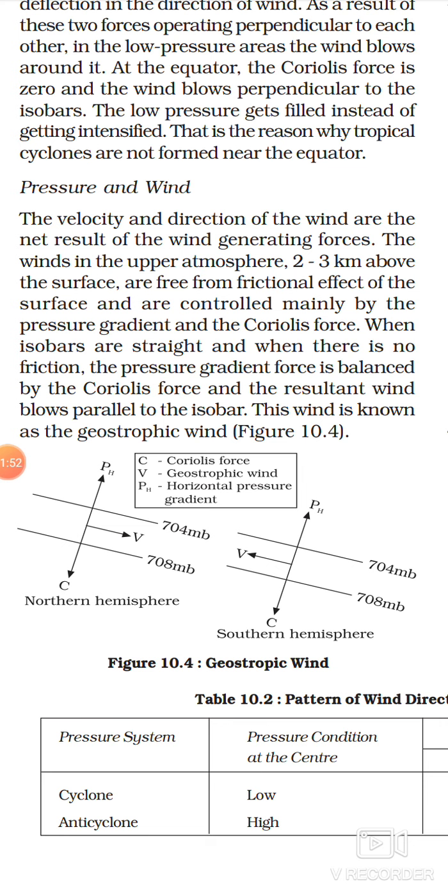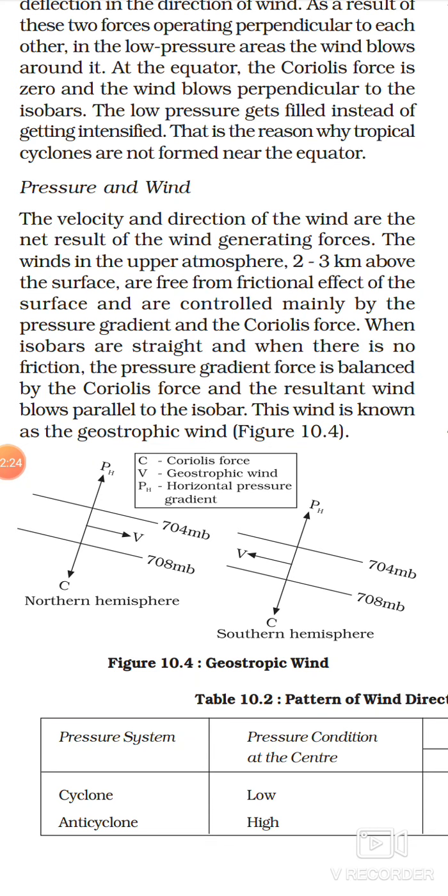Okay, when the isobars are straight, if we are just mapping them, and when there doesn't exist any kind of friction, the pressure gradient force gets balanced by the force created by the rotation of the earth, that's the Coriolis force, and the resultant wind blows parallel to the isobar. As you can see in the figure, in the northern and southern hemisphere we have these kinds of configurations.